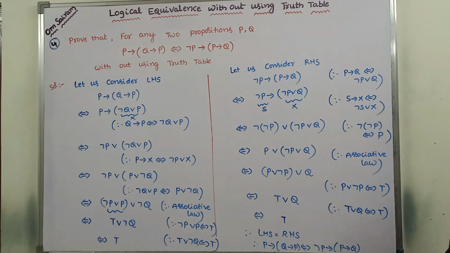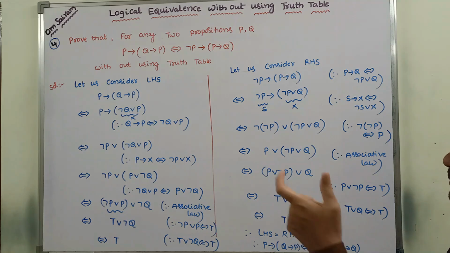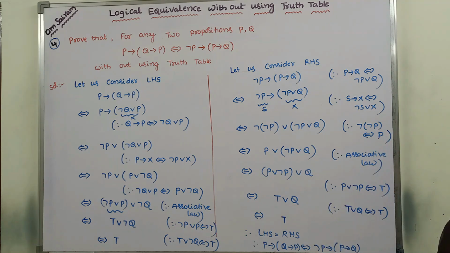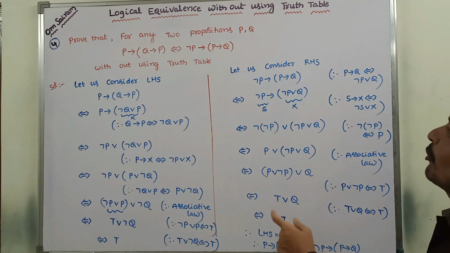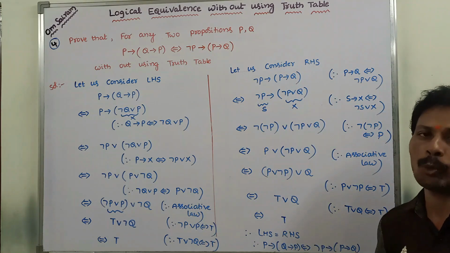Simply, we are using logical equivalence formulas. In the previous videos, we did one video on logical equivalence formulas. So check that video. That video is helpful for solving these problems.